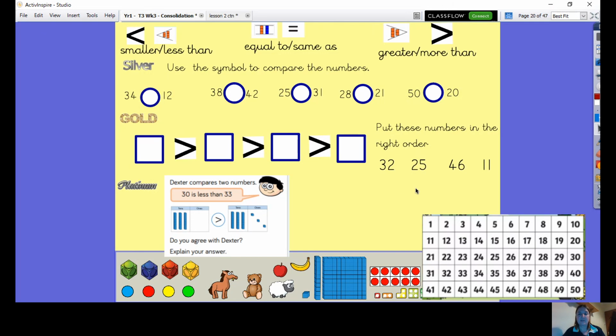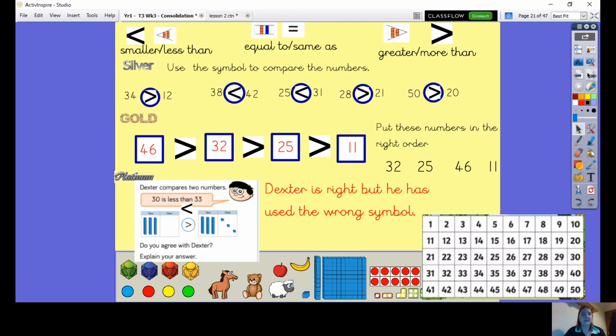So it's putting these numbers in the right order, looking at the symbol here. And then the platinum says, Dexter compares two numbers. He's saying 30 is less than 33. Do you agree with Dexter? Explain your answer. Okay. So parents, you might want to pause the video here, because I'm going to move on in a minute and show you the answers.